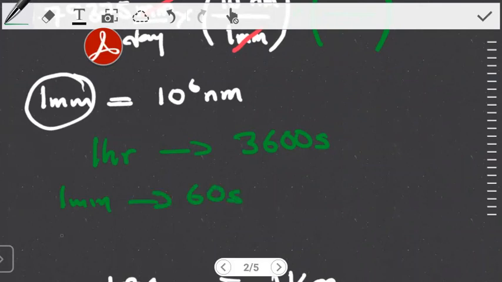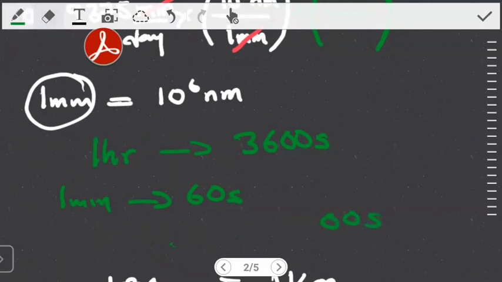But in an hour, you have 60 minutes. Meaning in an hour, you're now multiplying this by 60 seconds, because for every minute, you have 60 seconds. So when you multiply this, you see that in an hour, you have 3,600 seconds.